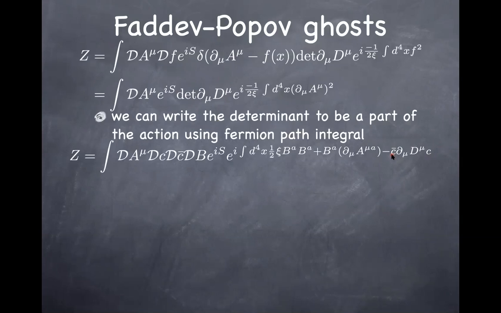So we talked about this already quite a while ago. If you do the Gaussian integral over bosons, you get the determinant to the negative 1/2 power. When you do the path integral of fermions, you get the determinant, rather, not the inverse of it. So if you perform the path integral of c and c bar, that would reproduce this determinant. So that's the purpose of the c and c bar fields.